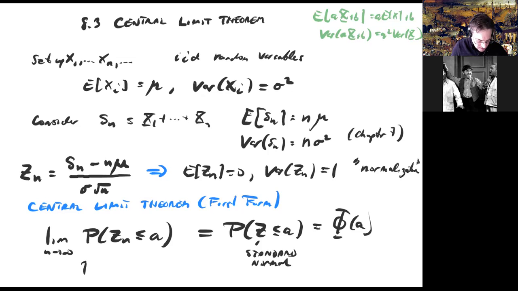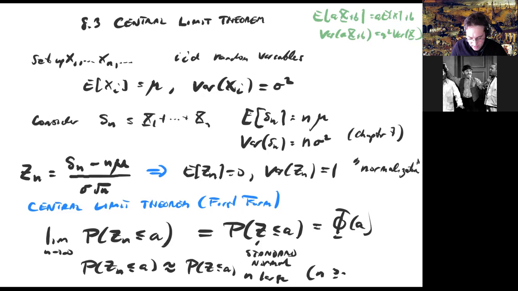So the probability that Z sub n is less than or equal to a is approximately equal to the probability that Z is less than or equal to a if n is large. And how large? n should be at least 30, it turns out, works in practice. Okay. So that's the statement of the result. So this limit does tend to the standard normal distribution, and for large n, it's an approximation.